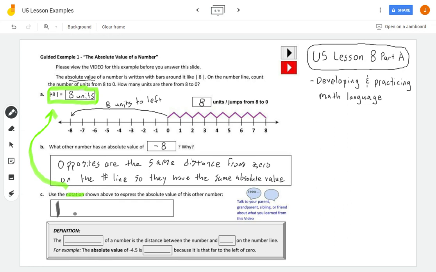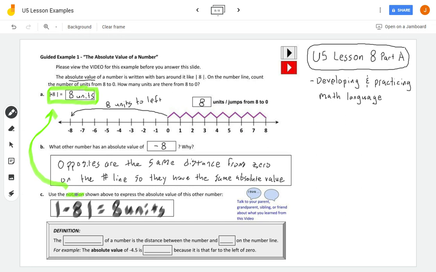Our number now is negative 8, so the opposite, negative 8. Absolute value bar equals, and then the number of units away from 0. So that's 8 units. Which means that the absolute value doesn't care about whether it's positive or negative. It only cares about how far away something is, either to the right or to the left. So the absolute value of negative 8 is equal to 8 units. You could also just say 8, because that's the number of how big it is.